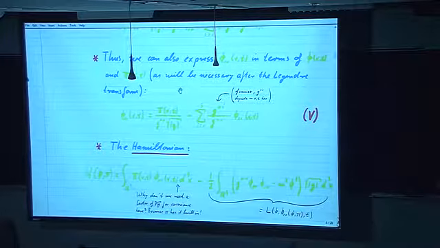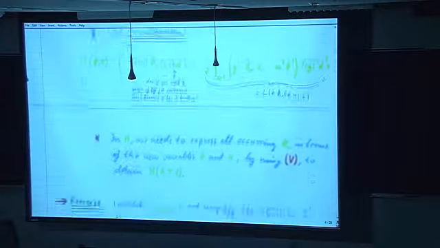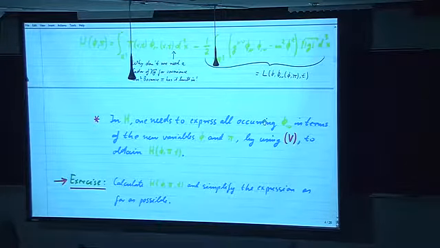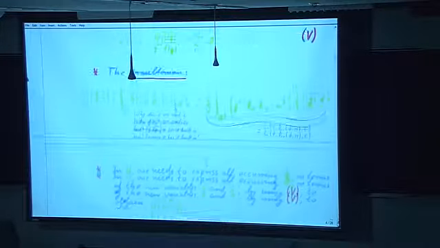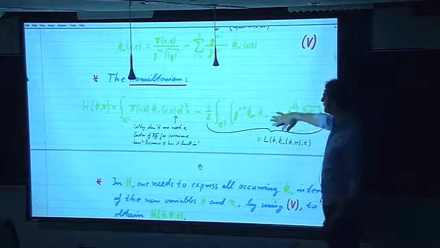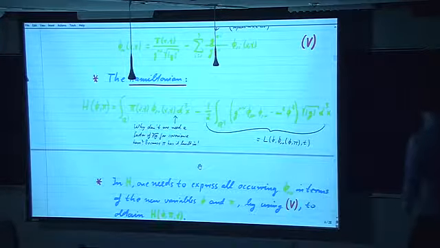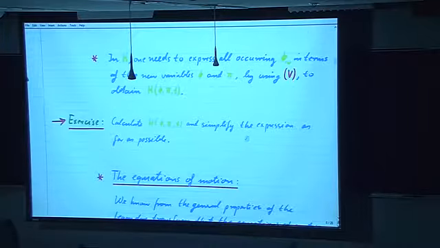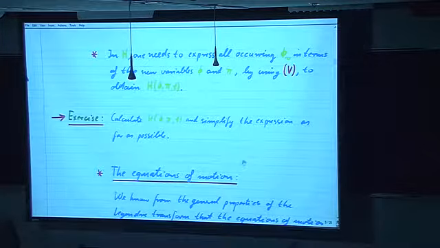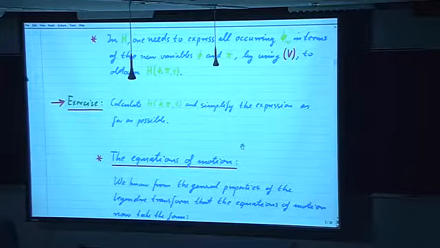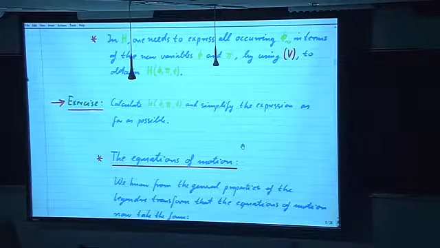So you see, it gets a little tedious, but straightforward. You just take this Legendre transform expression and replace all occurrences of phi comma 0 by the right-hand side of this equation. And I leave it to you as an exercise to put that in there and then simplify as far as possible and then compare the Hamiltonian that you get with the Lagrangian.